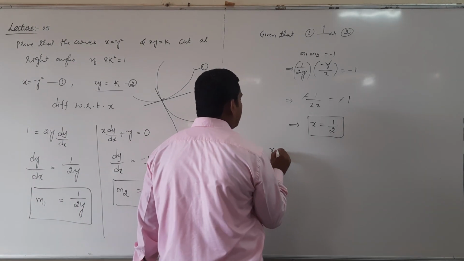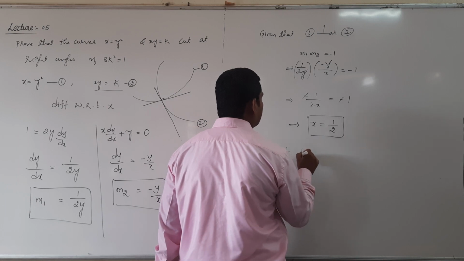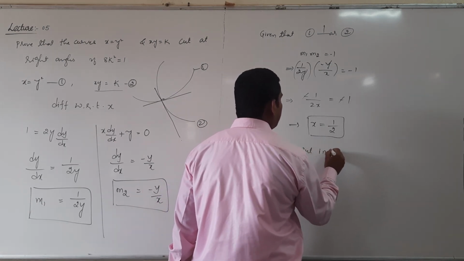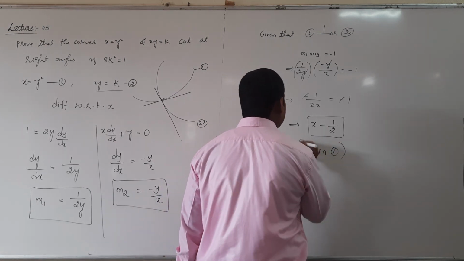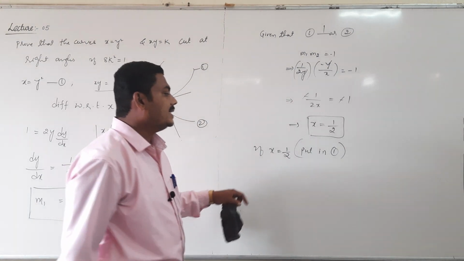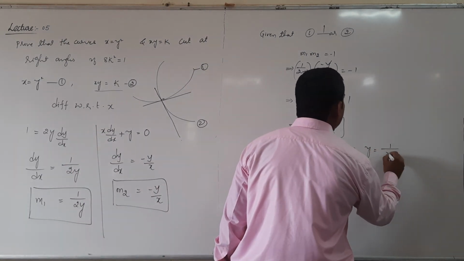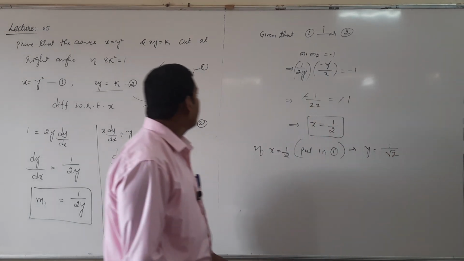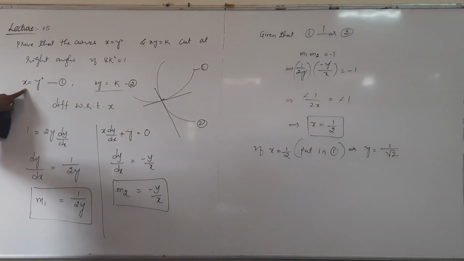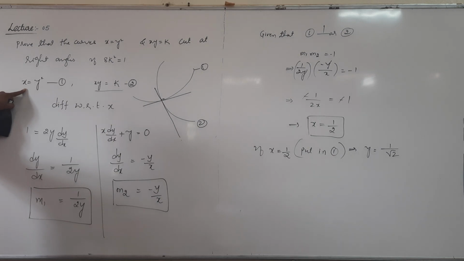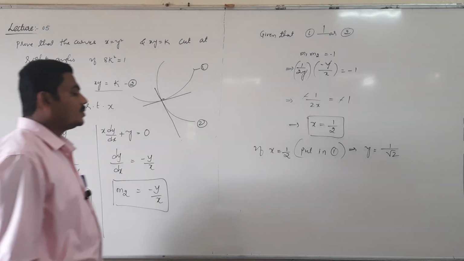x equal to 1 by 2, then what is the y value? If x equal to 1 by 2, put it in equation number 1 or 2. Then y is equal to 1 divided by root 2 only. Put x value 1 by 2 in equation number 1, then y is equal to square root of 2.